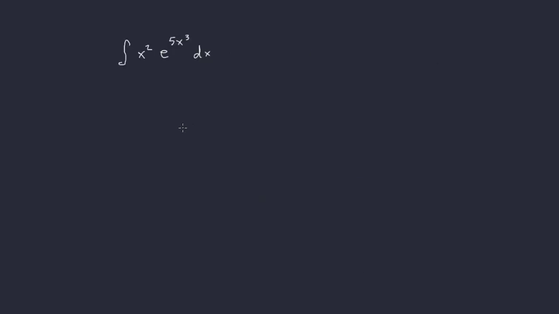Okay, here we're looking at the exact same example that we looked at before, this integral of x squared e to the 5x cubed. I'm going to just copy this part down, this stuff sitting out front, because we actually need that. Then we're going to integrate this like we normally would. So the integral of e to the stuff is itself. Then I'm just going to divide by the derivative of this stuff, so that's going to be 15x squared.